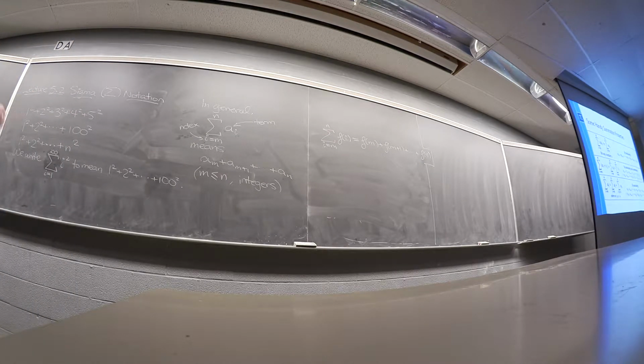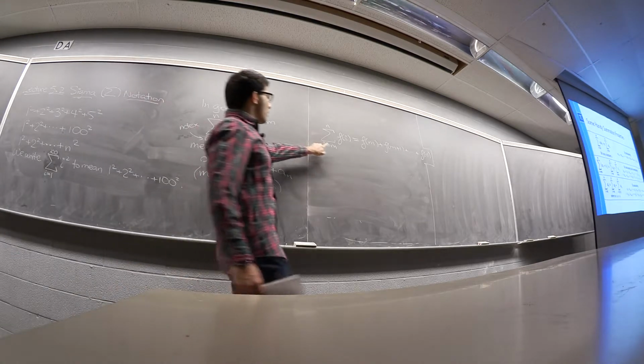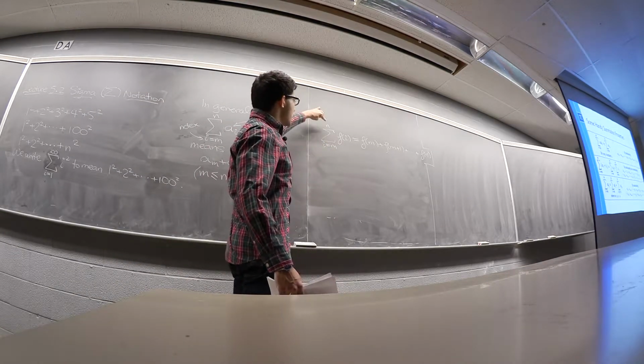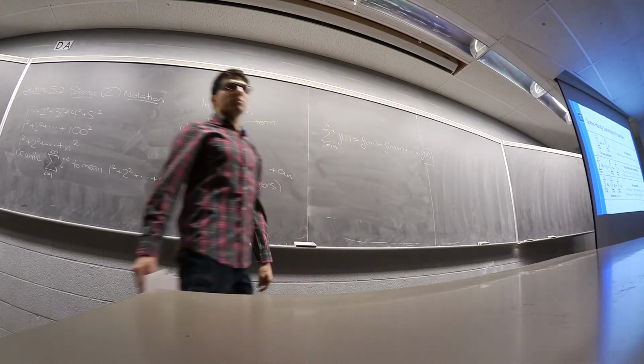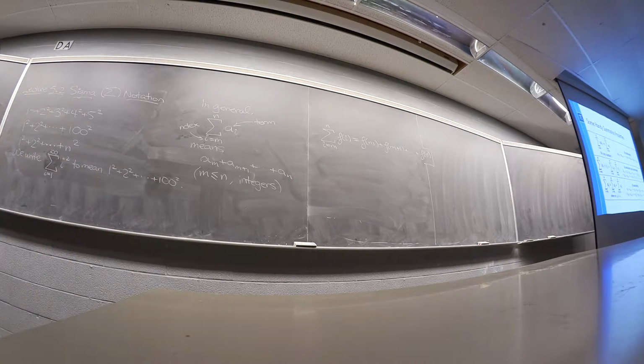If you find the sequence thing too baffling, think of it the function way. Again, we'll do examples in a second. i runs from m through all the successive integers up to n, and we add up the corresponding terms. That's all this is, shorthand for doing that.